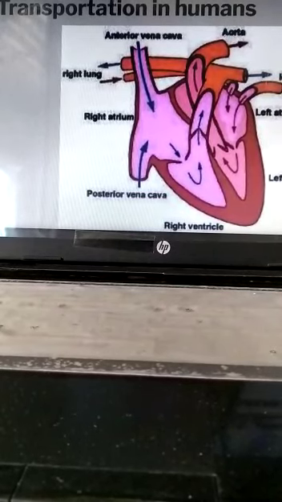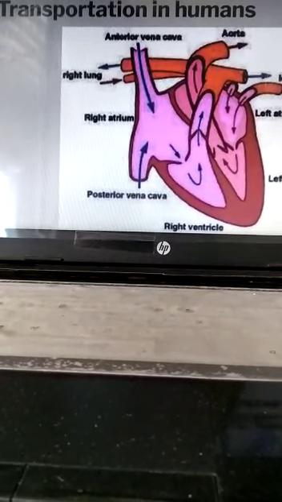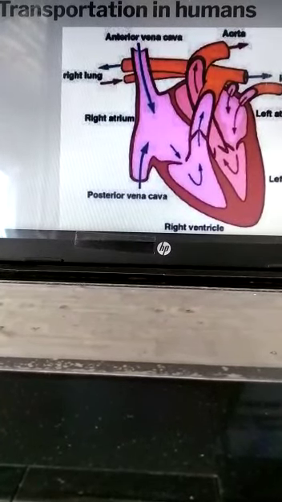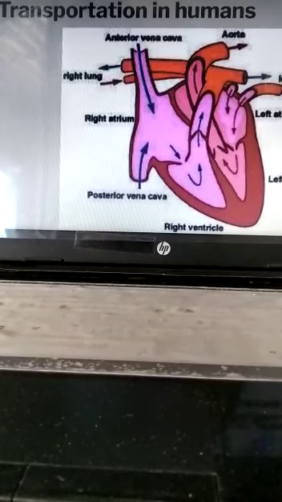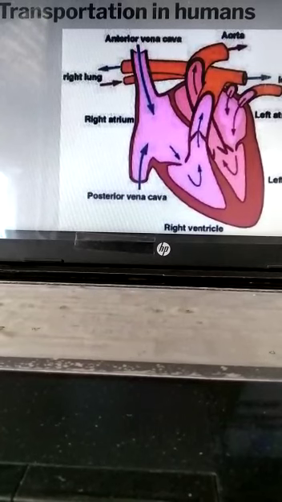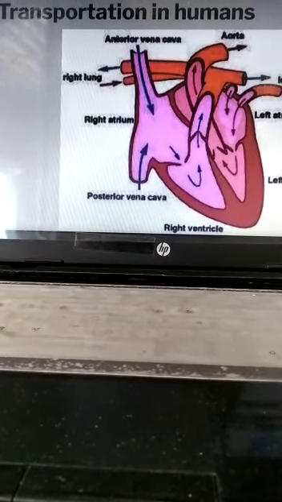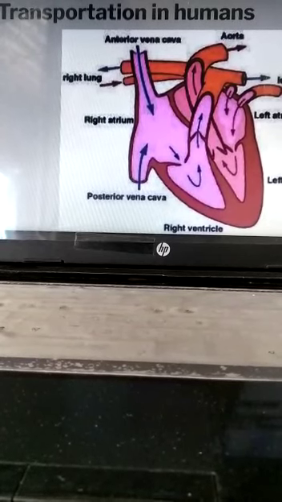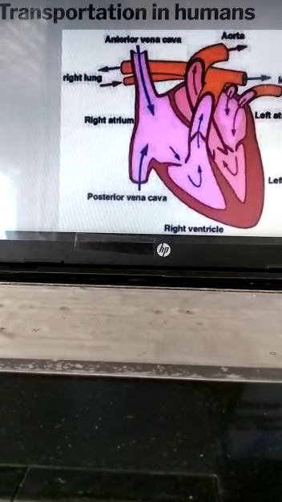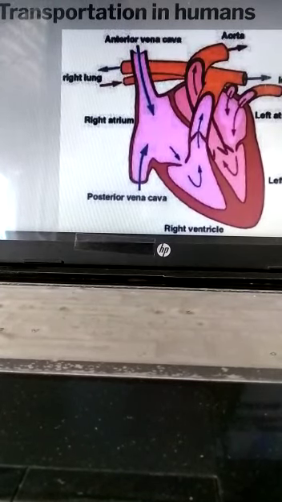One complete contraction and relaxation of the heart is called heartbeat. Though the average number of heartbeats of a person at rest is about 72 per minute, the number of heartbeats increases too much after a physical exercise.